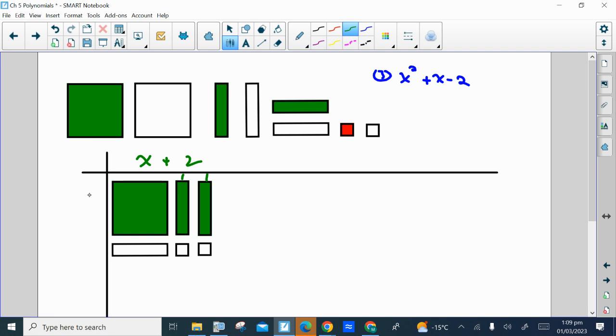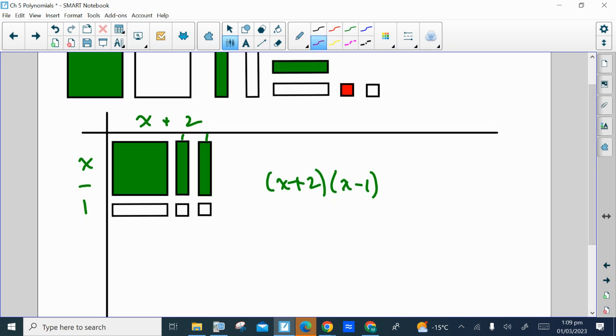On the left, we have a positive x high, and this tile on the bottom, all these tiles, in fact, are 1 high, but they're negative ones because all of these tiles are not colored in. So we're saying the factors are x plus 2 and x minus 1. And it doesn't matter which factor you put first. You could put the x minus 1 first and the x plus 2 second.